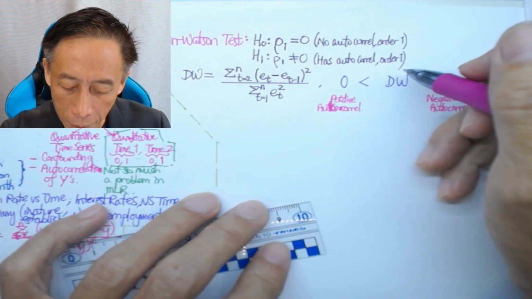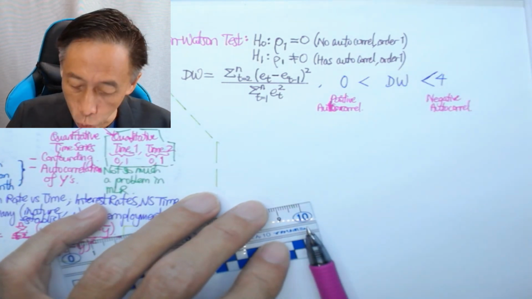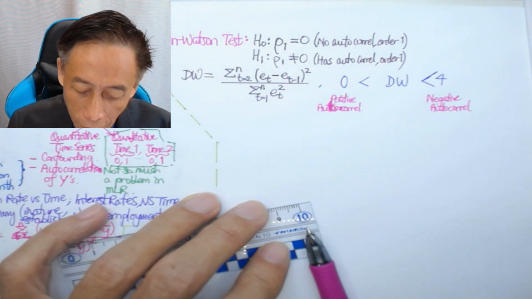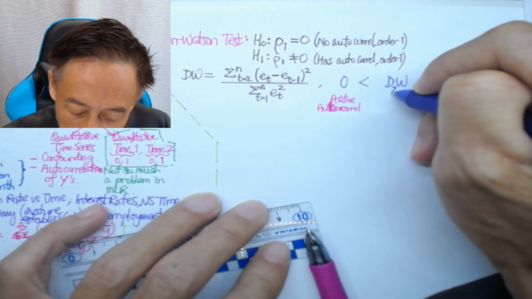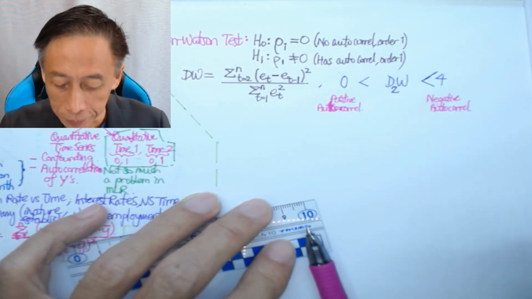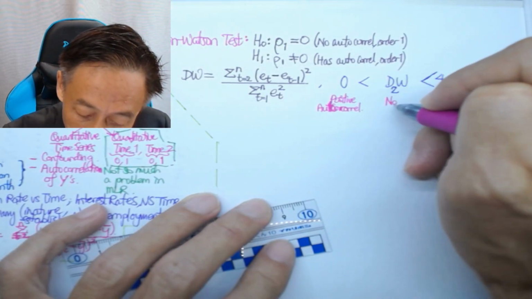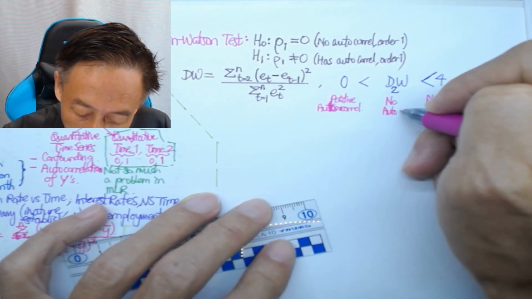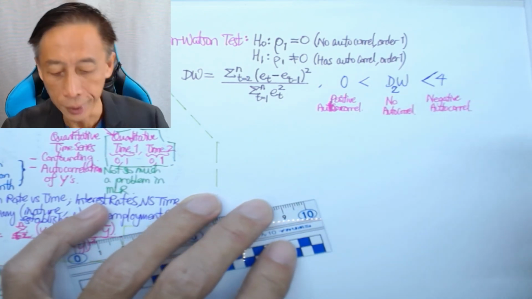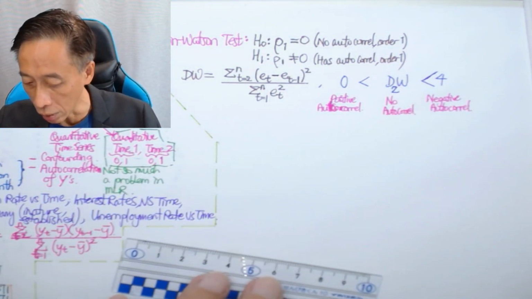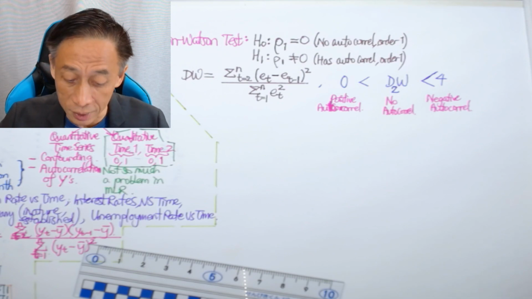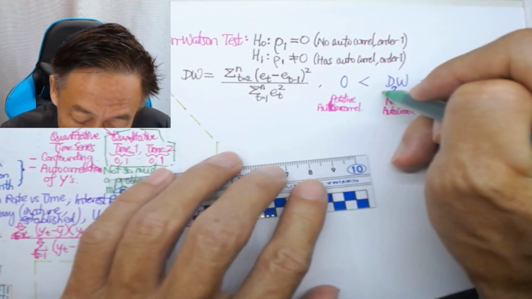In the middle is the value 2, and 2 has a rather special role in that it means no autocorrelation. Of course, order 1. All right. And then you have various shades going outwards.